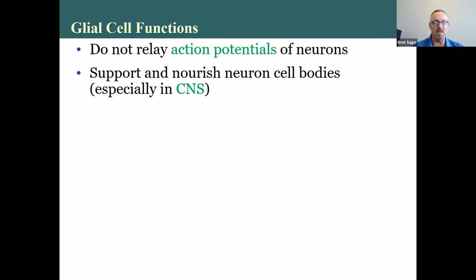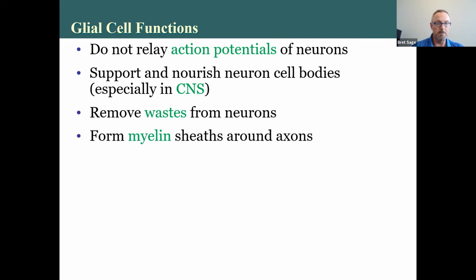But they support and nourish the neuron cell bodies, especially in the central nervous system. We're going to see there are different types of neuroglial cells in the CNS versus the PNS, central nervous system versus peripheral nervous system. They also help remove waste from neurons, so they really are a way to help the neurons move things into and out of the blood.